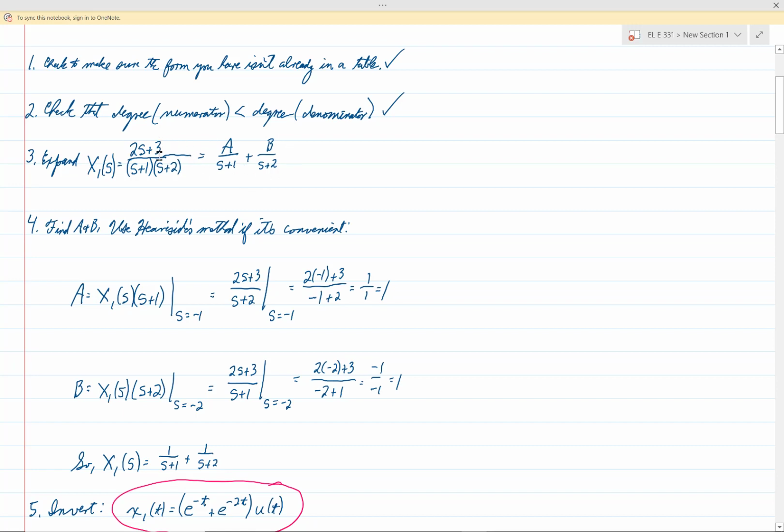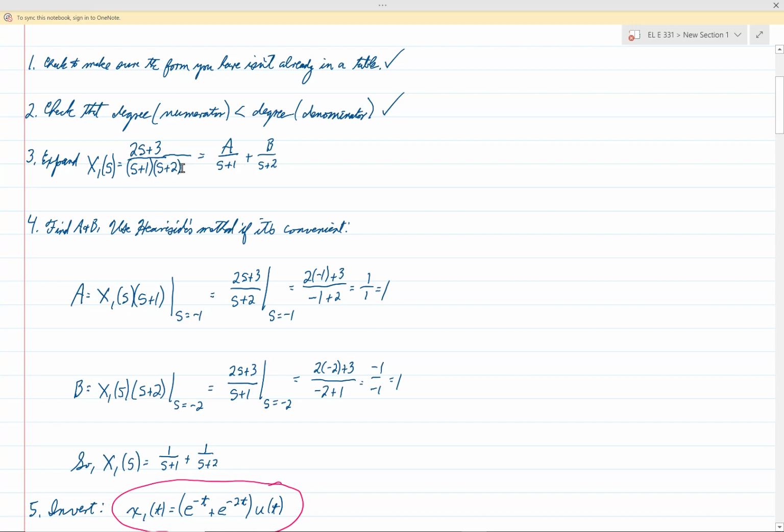Well, if you multiply the left-hand side by s + 1, that would just cancel out this s + 1 in the denominator. So that's fine. But if you multiply the right-hand side by s + 1, then the s + 1 would cancel out this s + 1, and you would have A, and you would also have B/(s + 2) multiplied by s + 1.